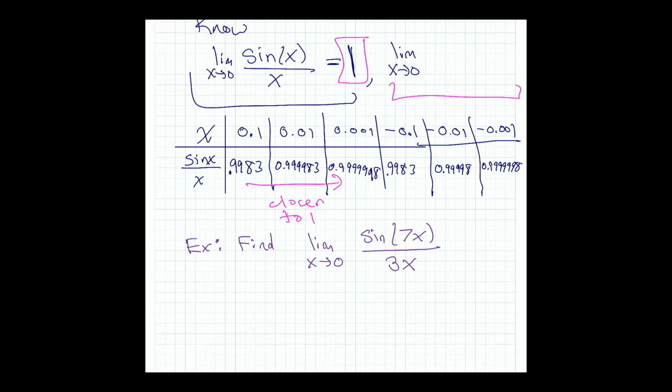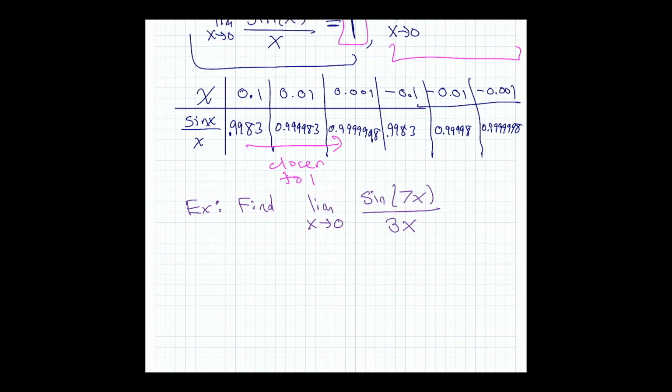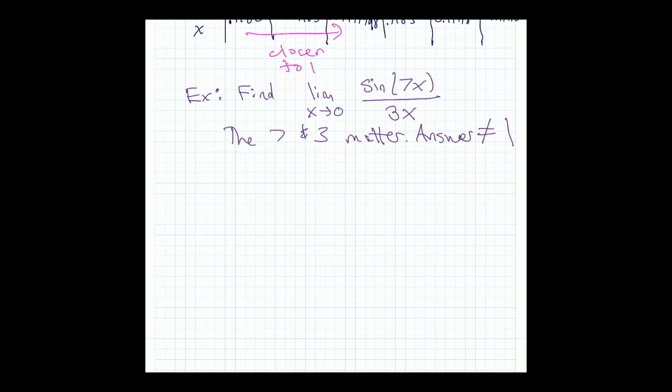The 7 and the 3 there actually have an effect. They matter here. So you can't just say it's 1. Answer not 1. Okay, so you've got to do a little bit of algebra. How you do the algebra is up to you. There are shortcuts which you may be tempted to employ.